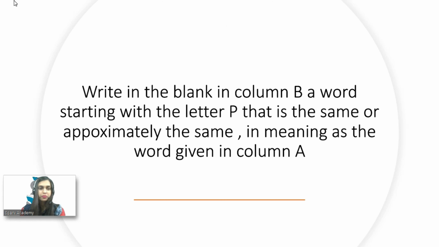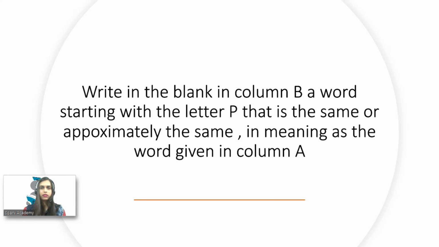Next, this is again an interesting exercise in which I need to see the screen as well. Here, write in the blank, in column B, a word starting with the letter P that is the same or approximately the same in meaning as the word given in column A. So here we are doing another test, and in this test I keep watching the comment box.